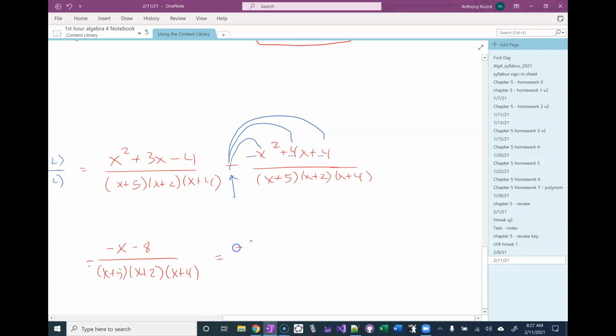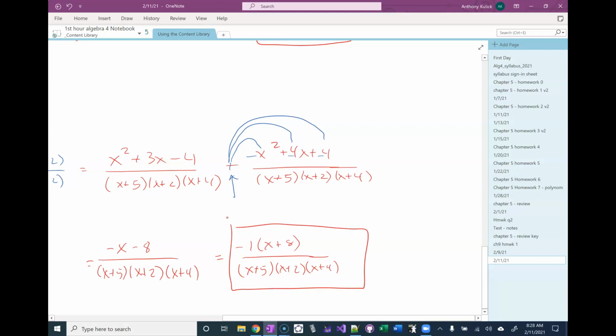Last step would be to check to see if I can reduce. I notice there's a greatest common factor of negative 1 in the numerator that I can factor out. But that doesn't really allow me to reduce anything, so this is just going to be my final answer. Evan? Certainly. No problem.